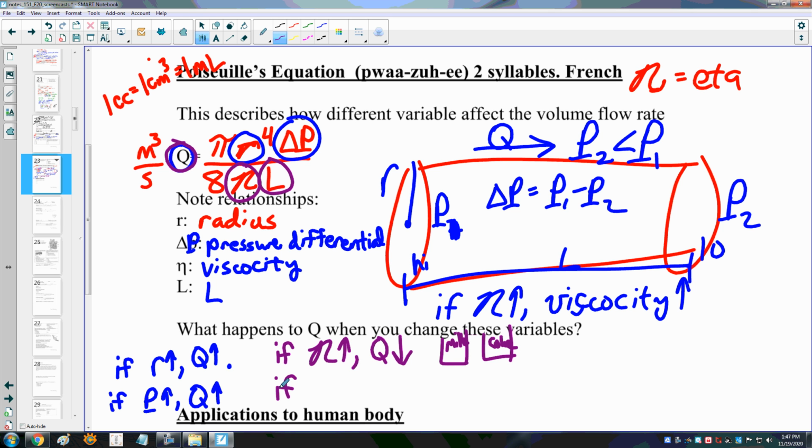And then if L goes up, that means that Q will go down. Have you ever tried to suck water through a very long hose? I have. We used to have a well at our home. We drank most of our water from the well for many years. And sometimes our pump would die on the well, and we would have to siphon water up out of the well through a hose.